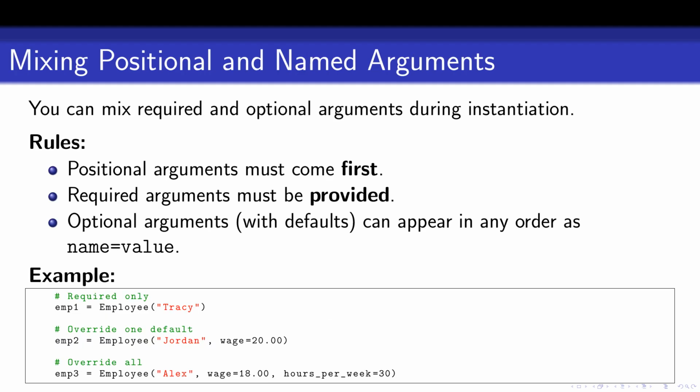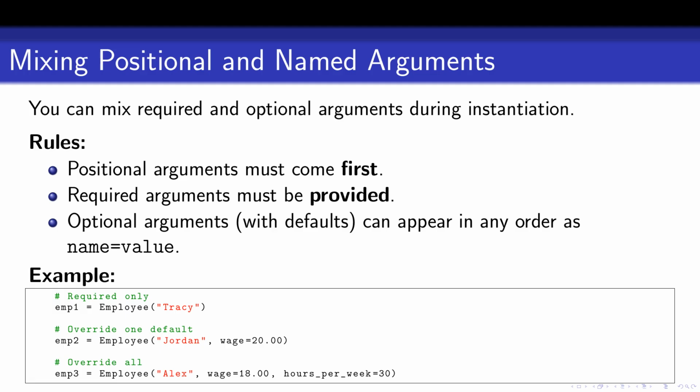When calling a constructor with default parameters, Python allows you to mix positional arguments and named arguments. However, there are some rules. Positional arguments must come first, and required arguments must always be provided. After that, you can specify any optional arguments using their names.